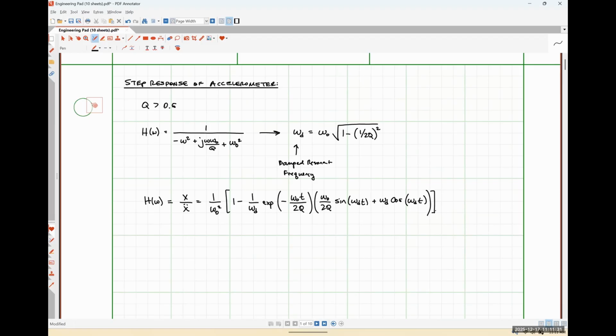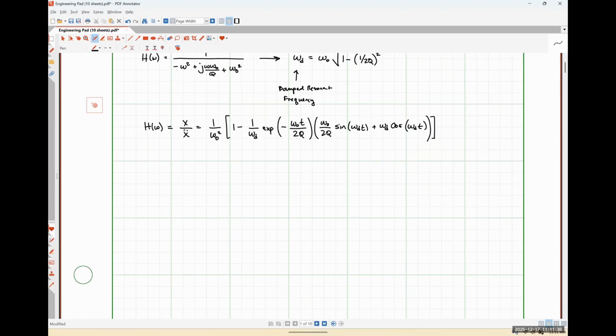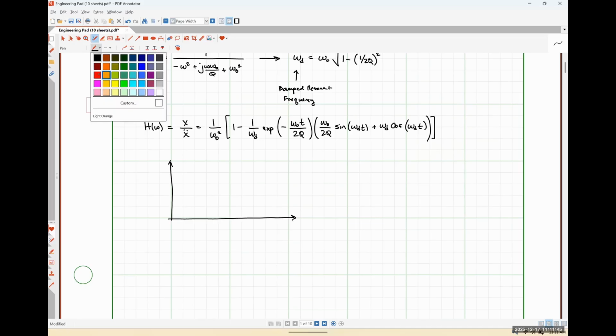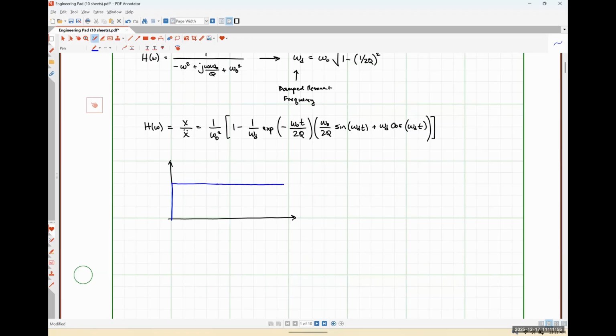So this is the mathematical equation that describes essentially this waveform. So if we have our step function as our input signal, I think I did that in blue on Monday, so I'll do it the same way now. Right, this is our input signal.